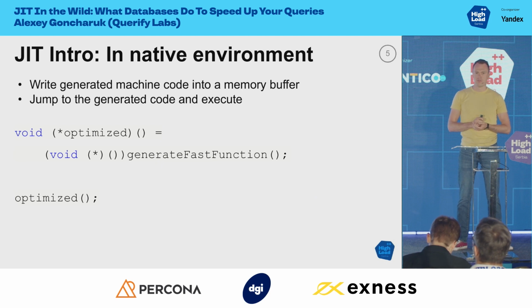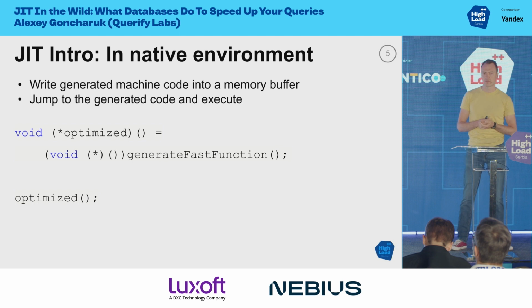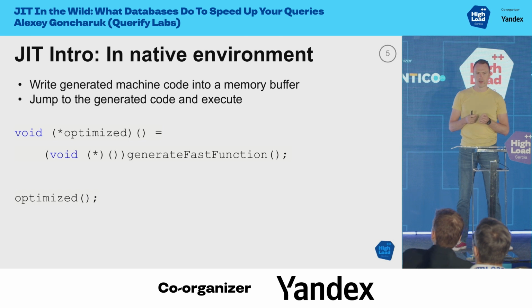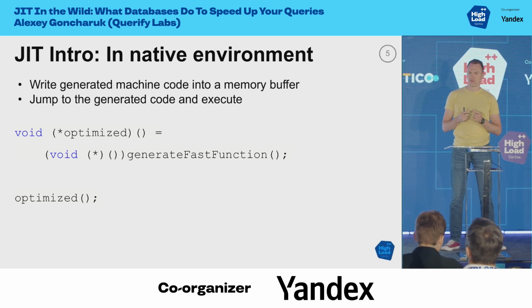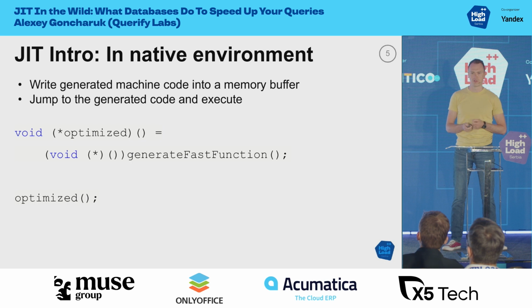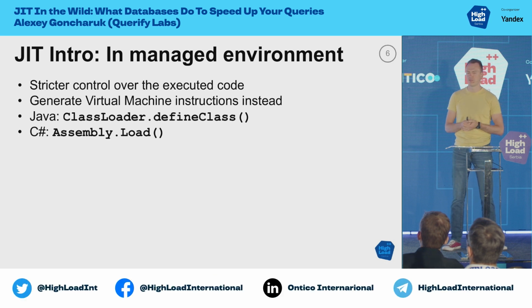Some of you, if you're not familiar with just-in-time compilation, may wonder how that is even possible. And here we can differentiate between native environments and managed environments. In native environments, if we set aside all the complexity of generating the machine code, the concept is pretty simple. You just allocate a buffer, you put the machine code that you generated into that buffer, and you pass the control flow to that particular function. In managed environments, it's a bit more complicated because often they themselves have just-in-time compilation.